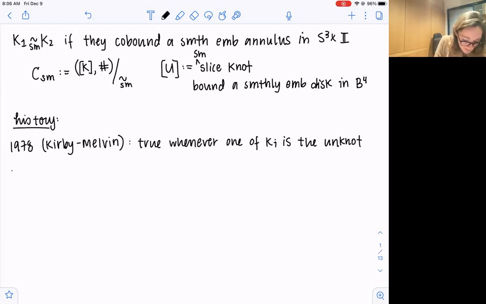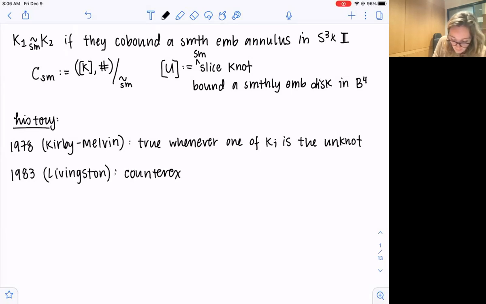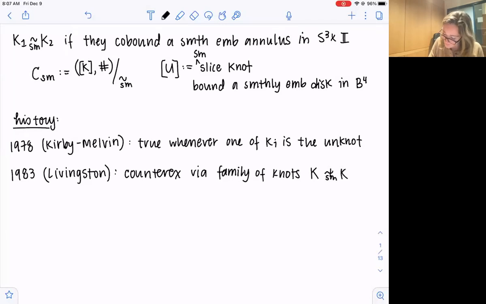Okay, and then in 1983, Livingston gave a counterexample more broadly via a family of knots where K was not smoothly concordant to its reverse, which is if we take the knot K and just give it the reverse orientation.